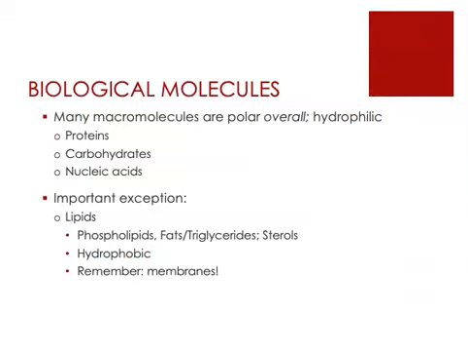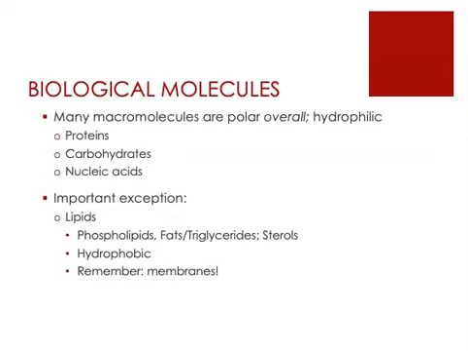When we look at the biologically relevant macromolecules, the polar versus nonpolar chemistry really matters. The hydrophilic versus hydrophobic chemistry matters. It turns out that 3 of the 4 macromolecules are polar overall. They are hydrophilic overall.